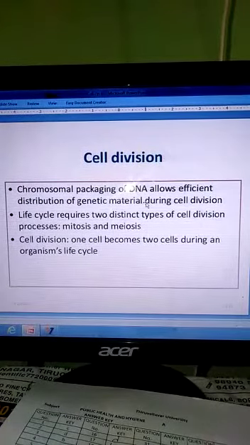Chromosomal packaging of DNA allows efficient distribution of genetic material during cell division. The life cycle requires two distinct types of cell division process: mitosis and meiosis. Cell division: one cell becomes two cells during an organism's life cycle.